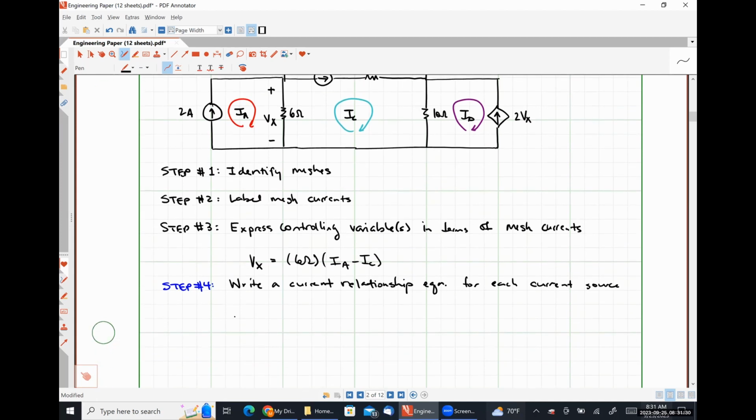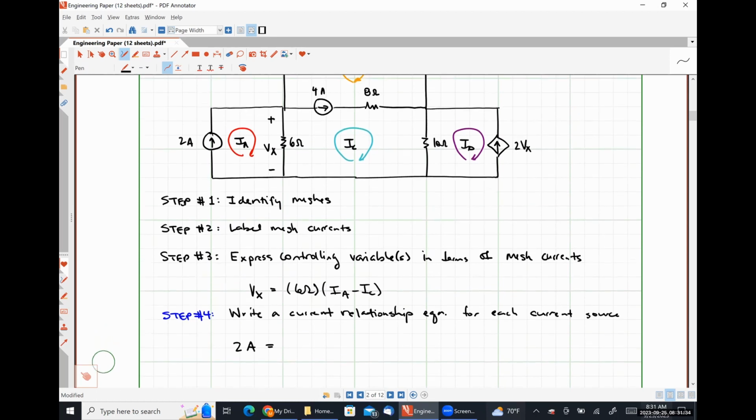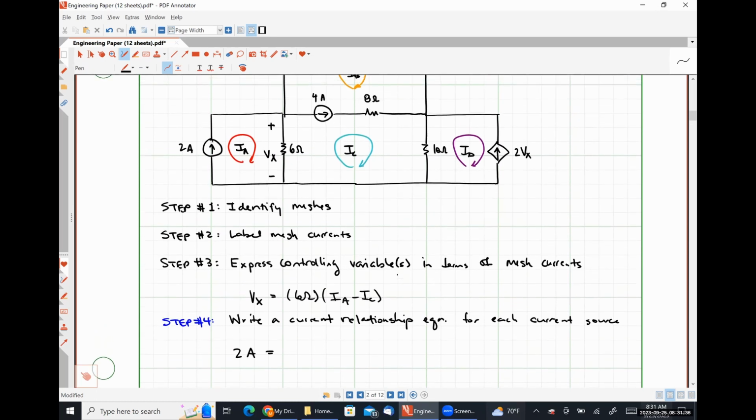So let's start with the 2 amp source. How do I relate that 2 amps of current that's being driven by that source to my mesh currents? IA, absolutely right. So as IA flows around its clockwise path, it's literally in the exact same direction as our current source, so it's just IA.